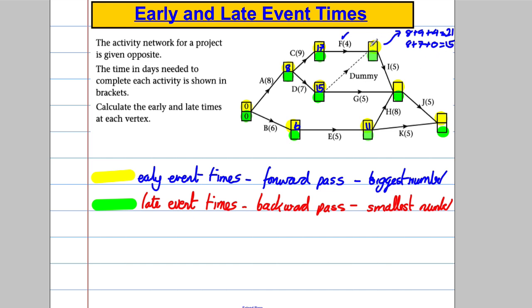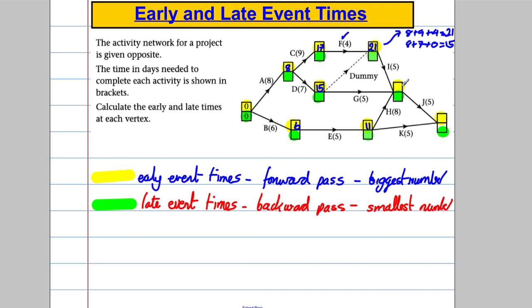You're looking for the biggest number, so you put 21 in there, because that's the earliest time I can get here with everything that needs doing. Yes, I could get there in 15, but that would exclude the fact that C and F have to have happened.